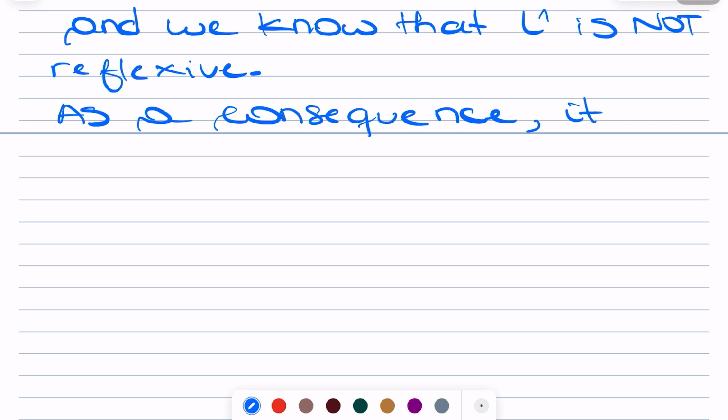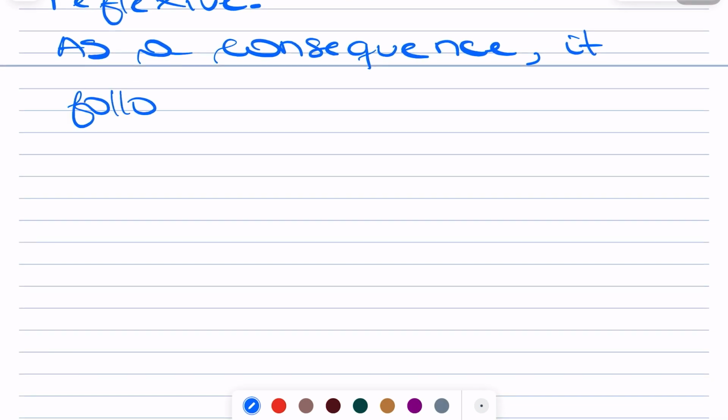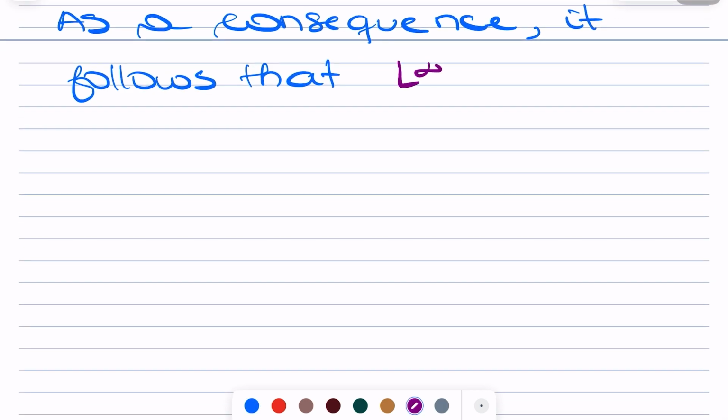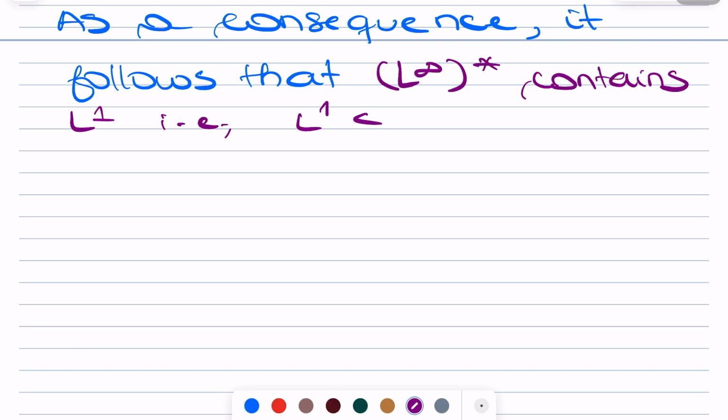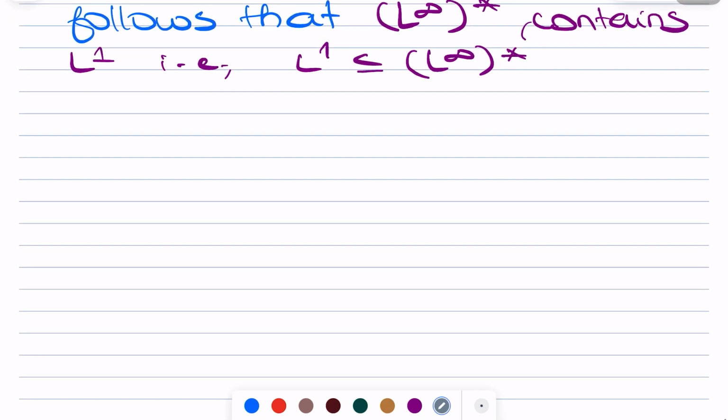As a consequence of that, it follows that the dual of L infinity contains L1. In fact, this is due to the fact that L infinity is the dual of L1.